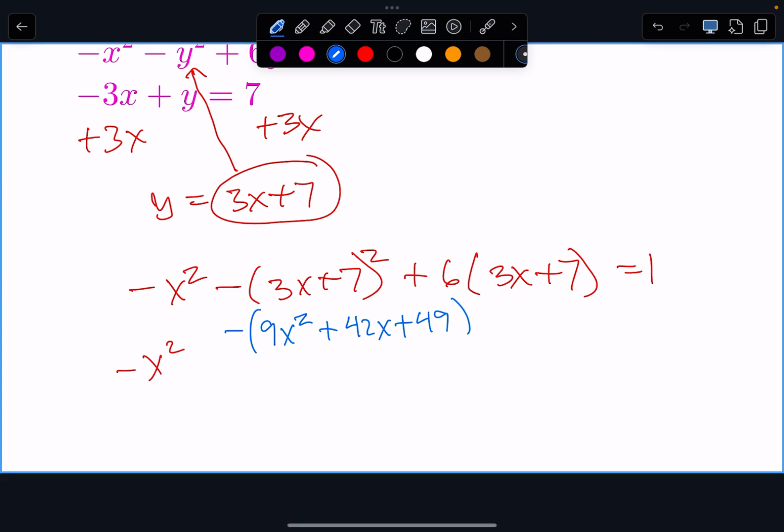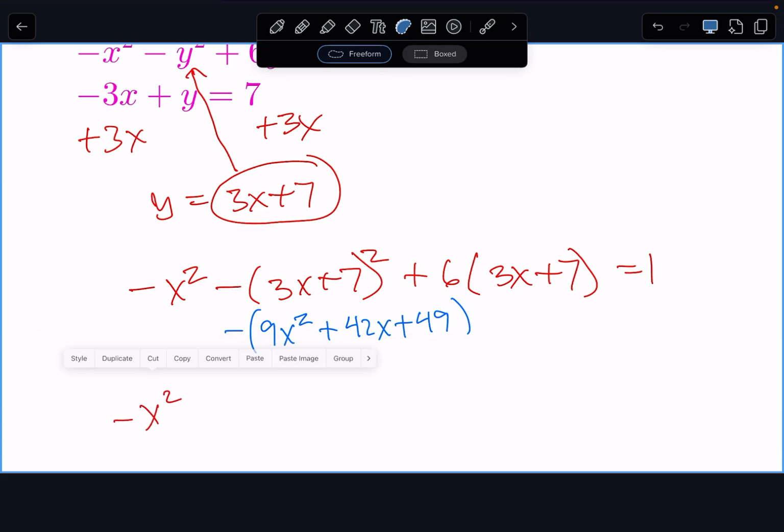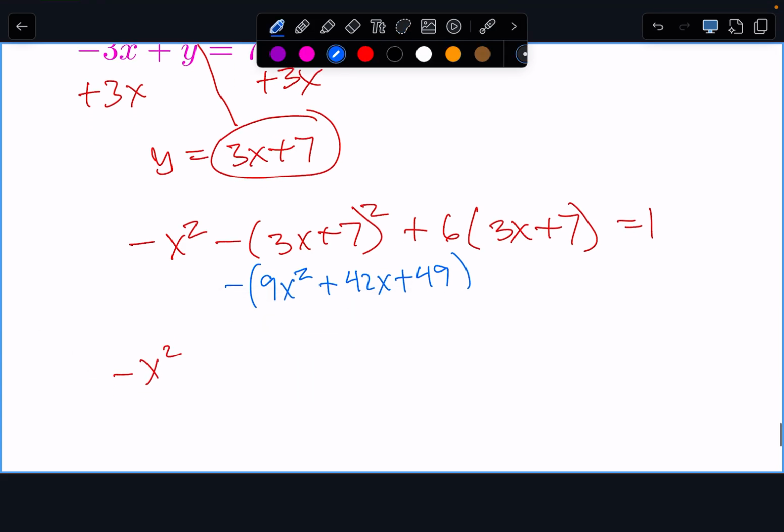Did I do that right? 21 twice is 42, feels right. Plus 18x plus 42 minus 1 equals 0. That's right, 6 times 7 is 42.